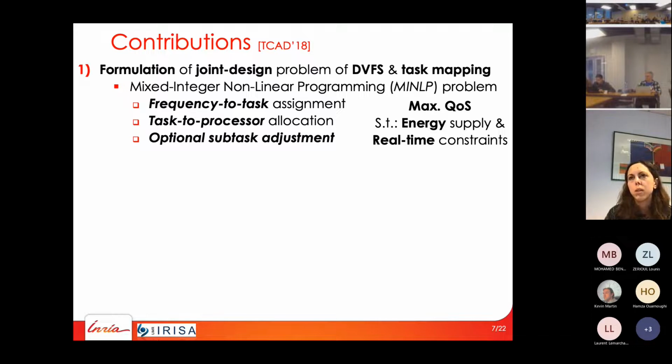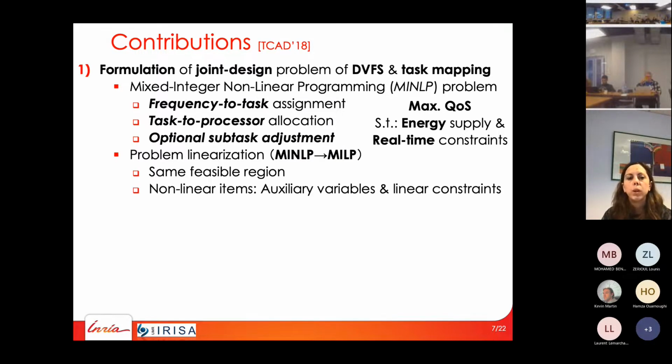Our goal, as we said, is to maximize the QoS under two constraints, the energy supply and the real time. Then we have proposed a problem linearization in order to safely transform the mixed integer nonlinear programming to a mixed integer linear programming that has the same feasible region, so we are not losing performance.